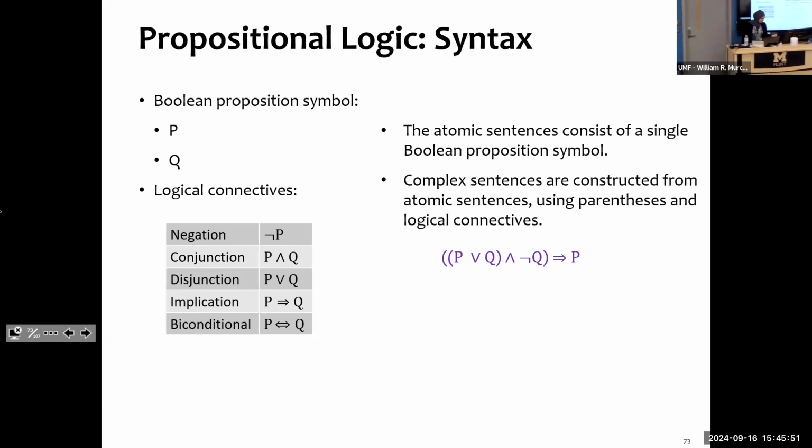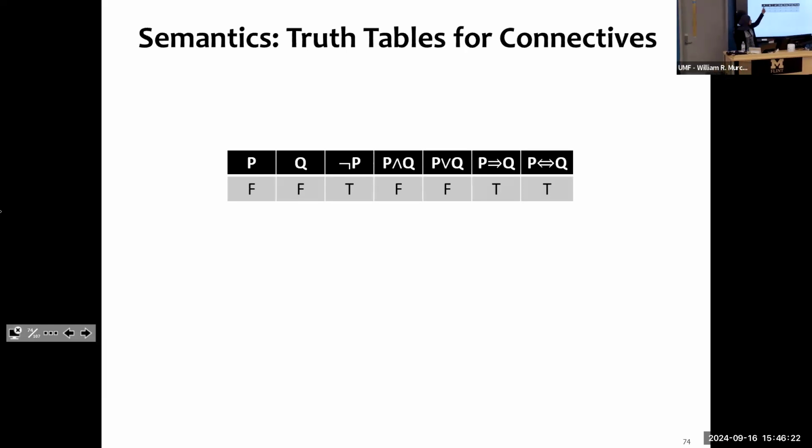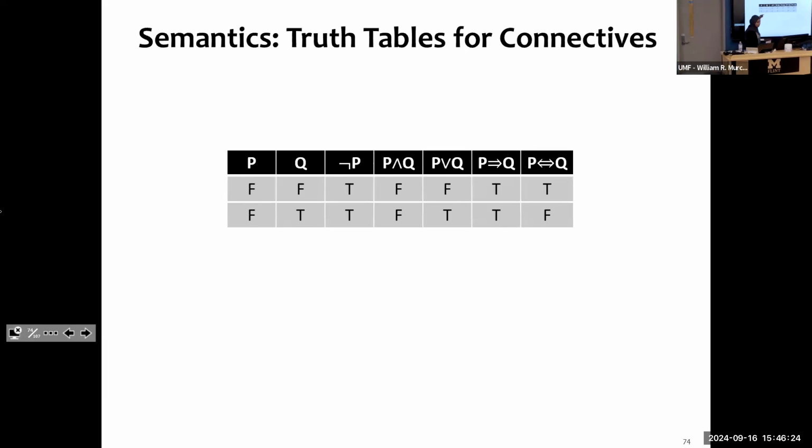Okay, biconditional. Now we have the truth table here for all these different elements. P and Q can have what values? True or false, and we'll have the combinations. We have two elements. How many? Four combinations. So P is false, Q is false. If P is false, the opposite of false is true, so not P is true.